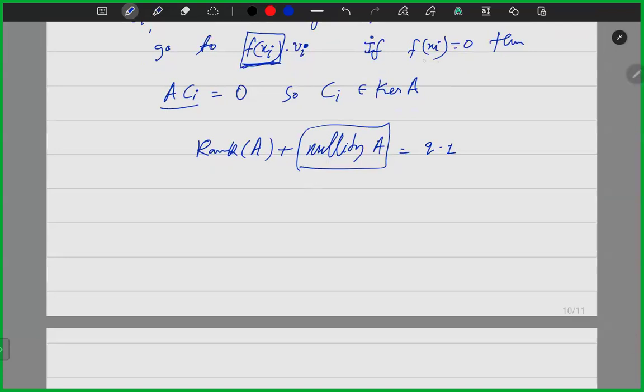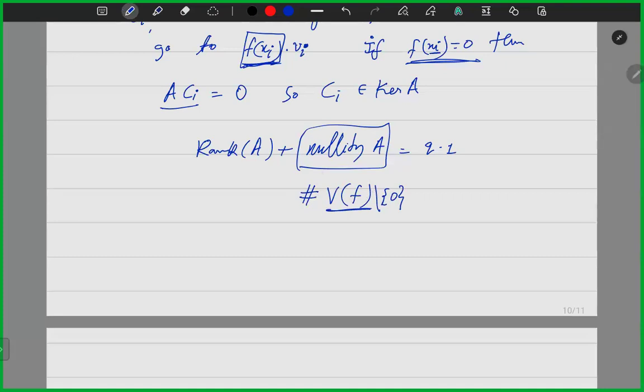And they correspond to the ones with F(Xi) equal to 0. So this is nothing but the number of roots of F. And here the Xi's are non-zero, so the roots of F without 0, the non-zero roots.